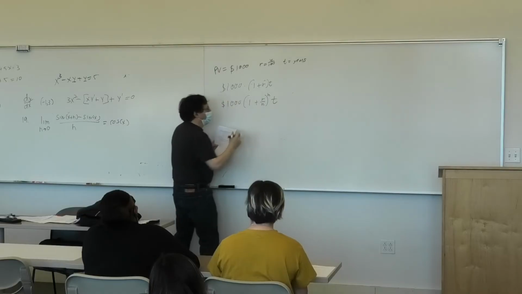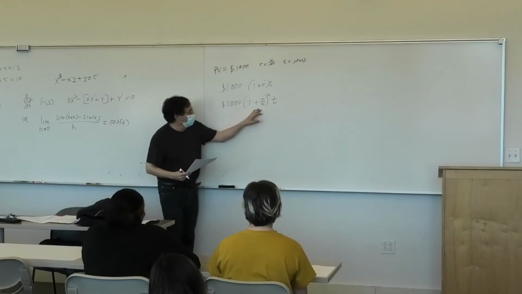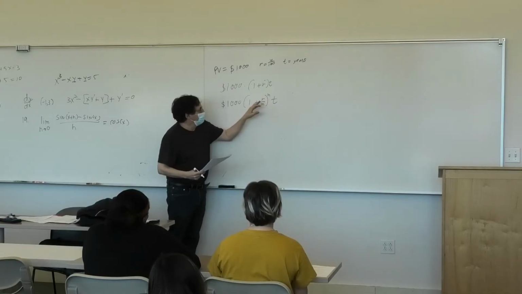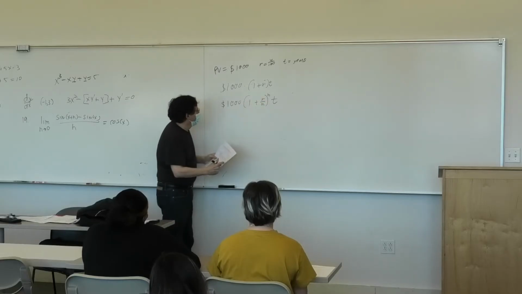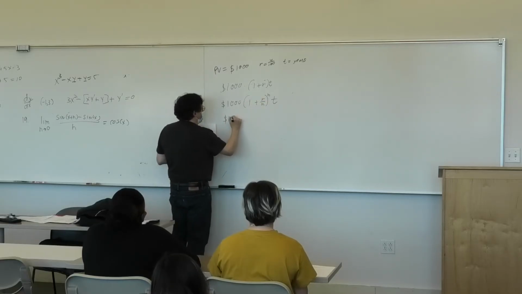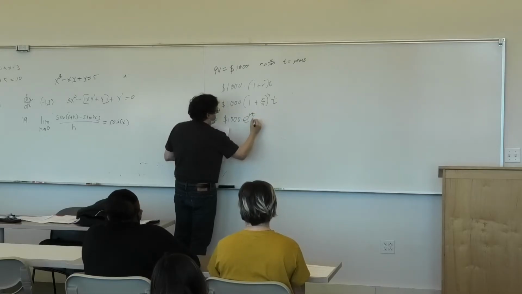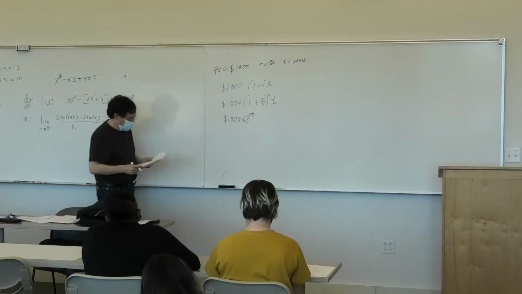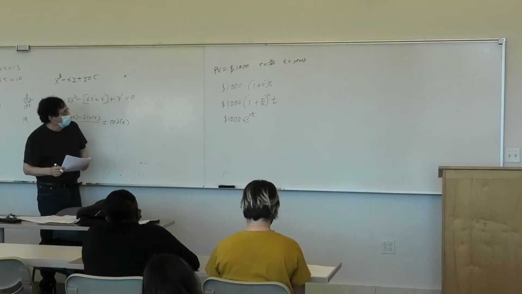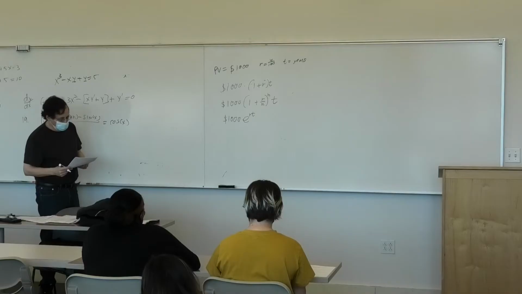I compliment you on understanding, if you break it up into N periods, you get that. But if you do it continuously, it just becomes e to the RT, and that's all I was asking. A strangely difficult problem for some reason.